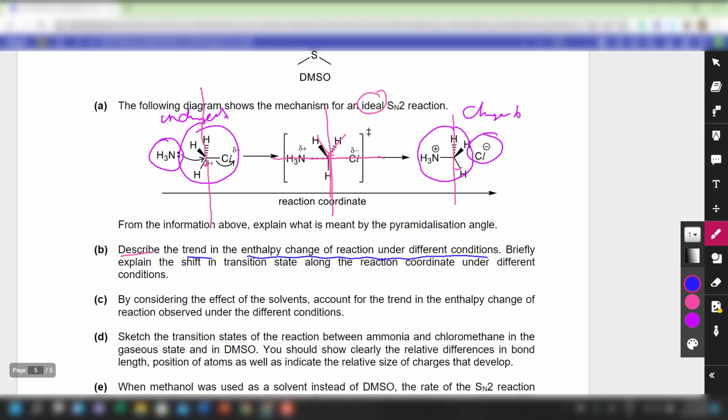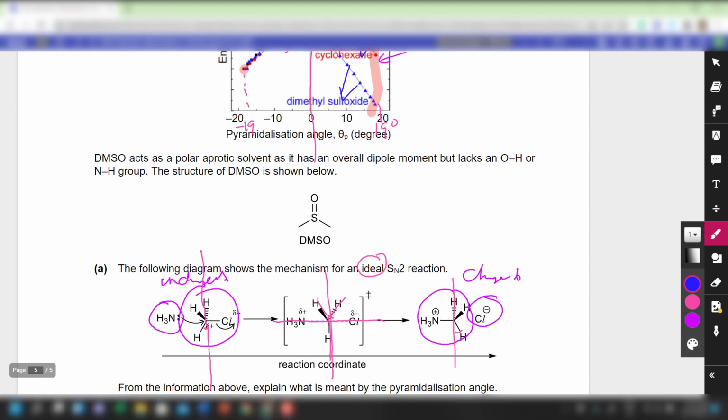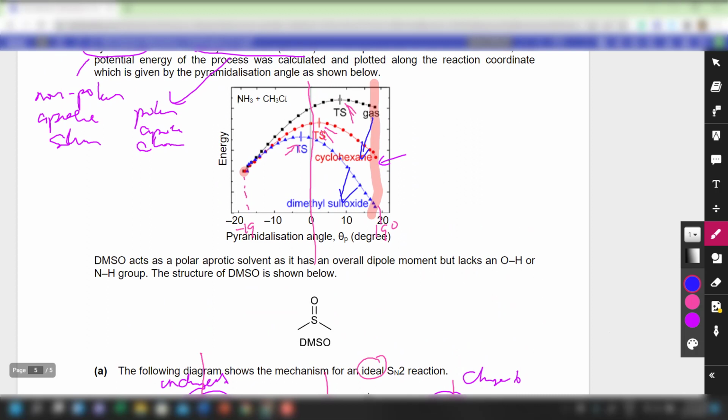Then briefly explain the shift in transition state along the reaction coordinate. When it's in dimethyl sulfoxide, it is an early transition state. The early transition state resembles the starting material more. But when the reaction takes place in cyclohexane or in the gaseous phase, it is more of a late transition state. Therefore the transition state will resemble the products more than the reactants.